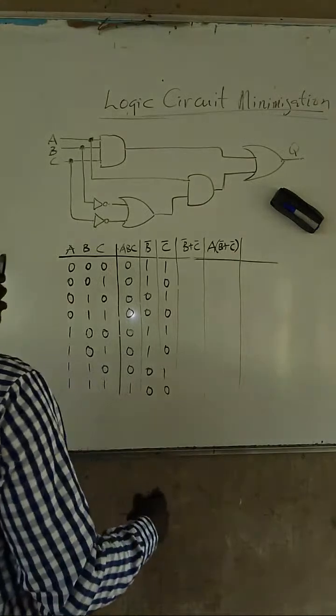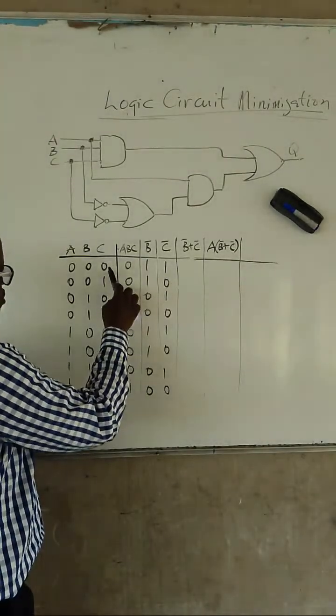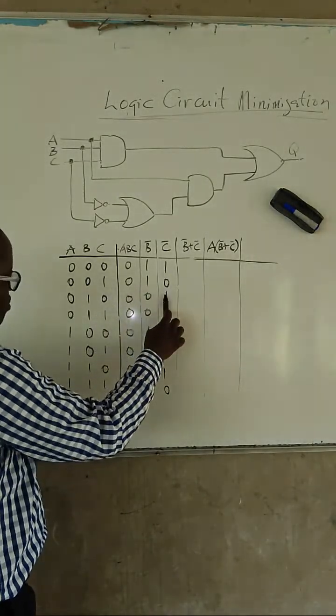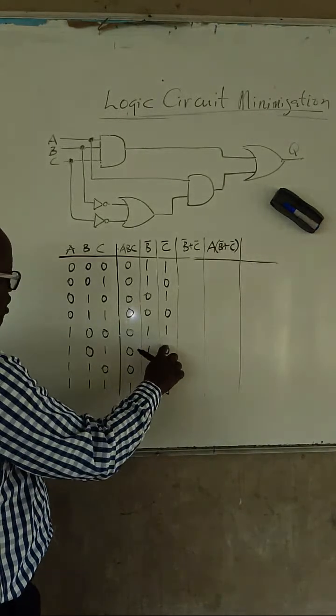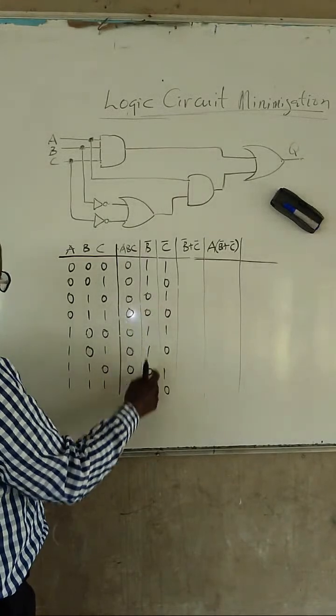If you pay attention to the table now, you see that inversion of here is what we have here. Instead of 0, 1, 1, 0, 1, 1, 0, 1, 0, 1, we now have 1, 0, 1, 0, 1, 0, and so on. The same thing for B bar: 0, 0, then 1, 1, 0, 0, 1, 1, and so on.